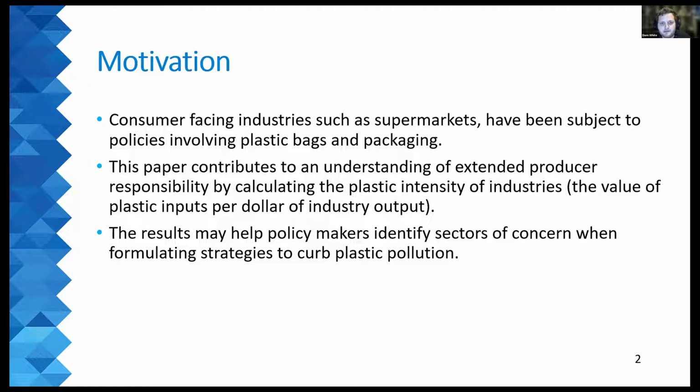This paper hopes to contribute to an understanding of extended producer responsibility by identifying the different plastic used by industries in the economy, and we do this by calculating the plastic intensity of those industries. What we mean by plastic intensity is the value of plastic inputs per dollar of industry output. We hope these results may help policymakers identify sectors of concern when formulating strategies to curb plastic pollution.